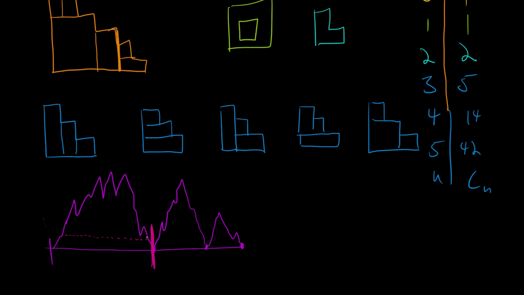Now when I look at my tilings of an n staircase, I'm going to look at the tiling that touches the lower left corner. Whichever tiling touches this spot right here is going to correspond to this middle point. This is a trick that I'm using to make this bijection.